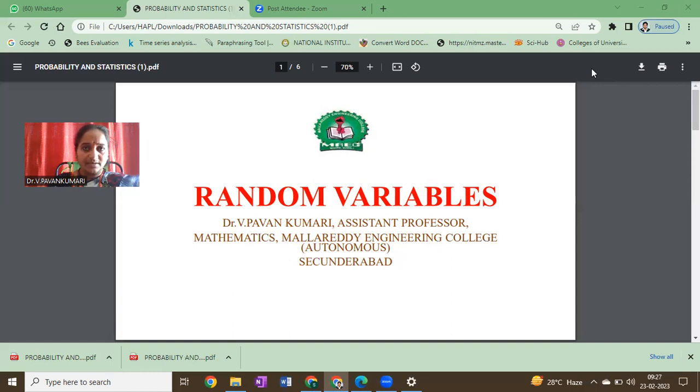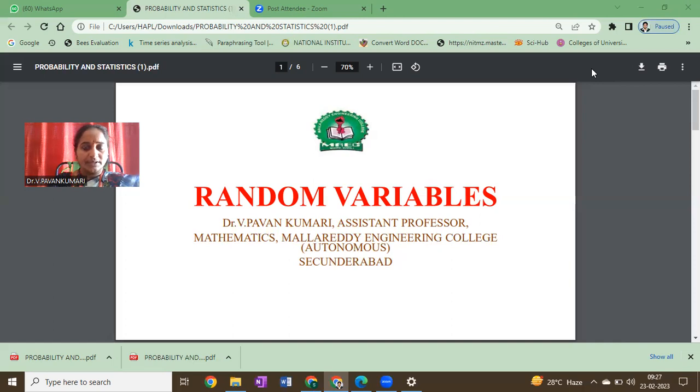Discrete follows finite values and continuous follows infinite values.